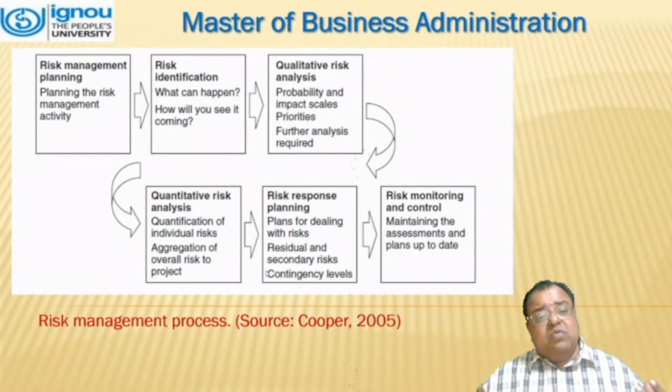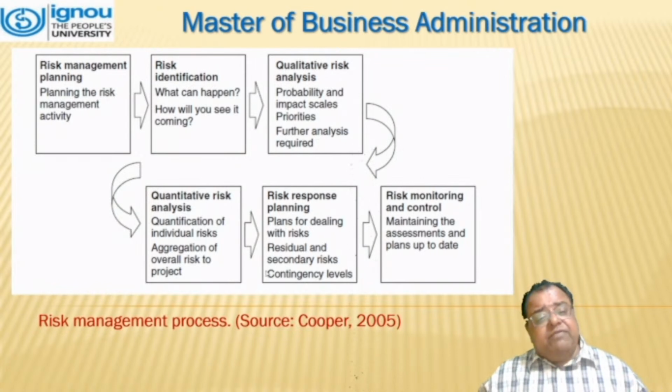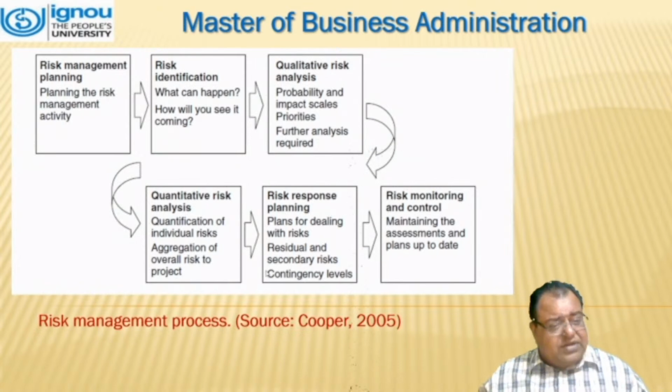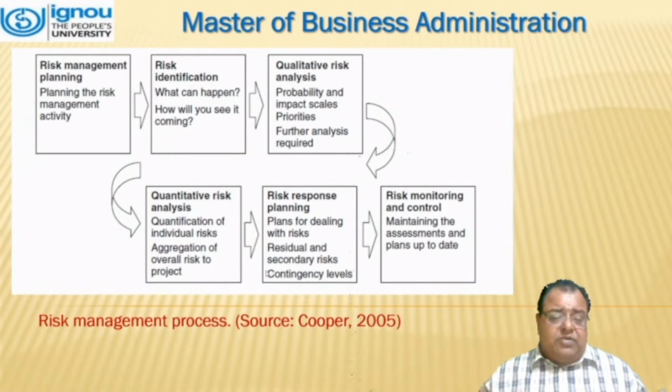That means qualitative risk analysis. What is the probability and the impact scales on priorities? Further analysis is required. Then we move to quantitative risk analysis, which is quantification of the individual risk. That means we have to find the aggregation of overall risk to the project.